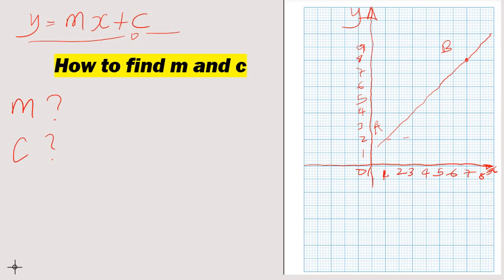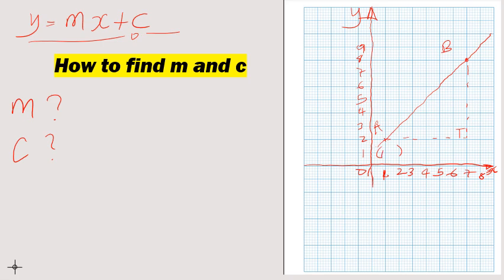We can join these ones, something like that. Okay, so you will see that this point, what is this point?